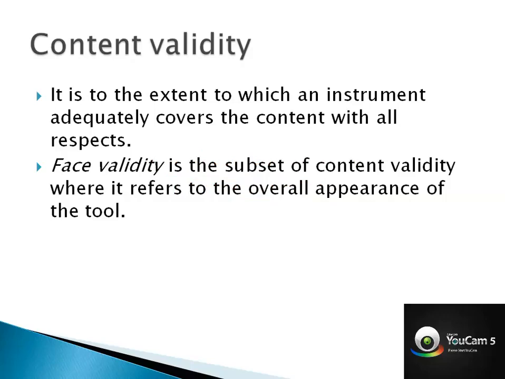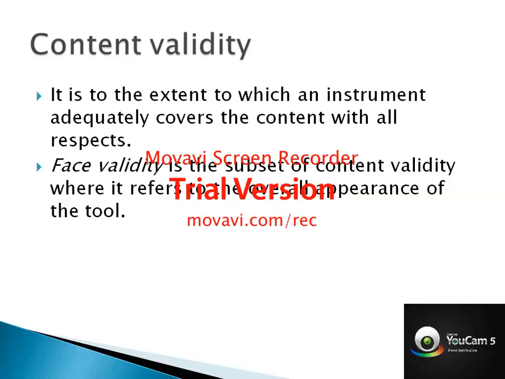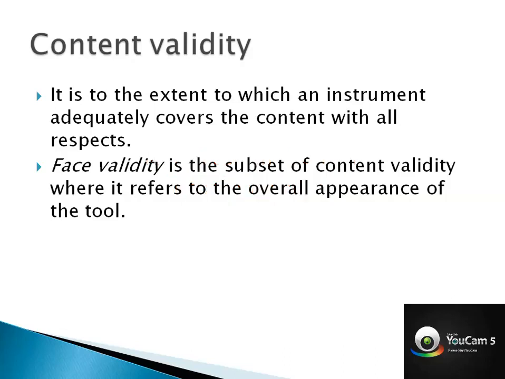Clear? And face validity is the overall appearance of the tool: how it looks, whether it looks good, standard and structured. We can assess that through face validity. So the first thing is that the instrument should cover the complete topic without leaving anything behind.